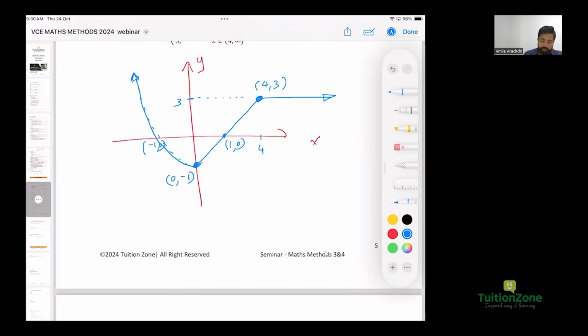I'll ask a few more questions with the same graph just to get an idea. For the same question, can you think of doing the domain and the range?